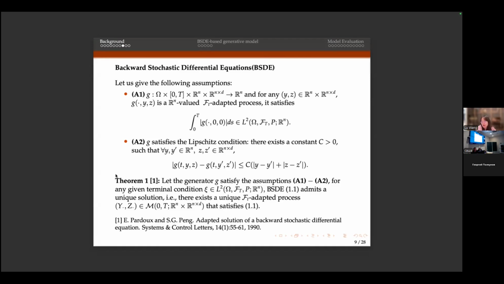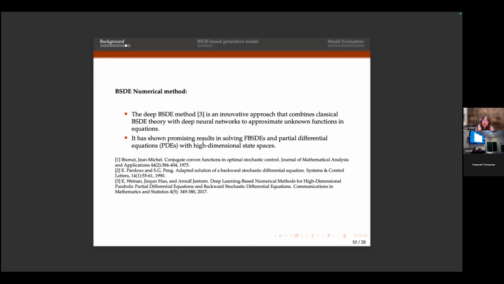This is the famous result in Theorem 1: under these assumptions, the BSDE above admits a unique solution.